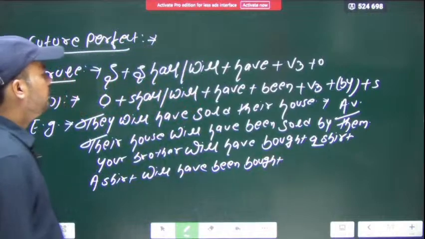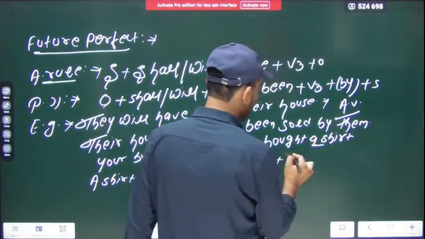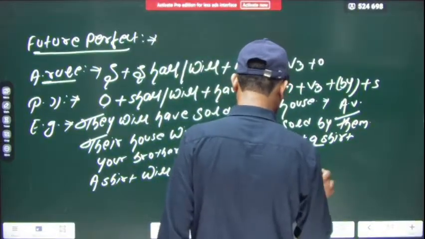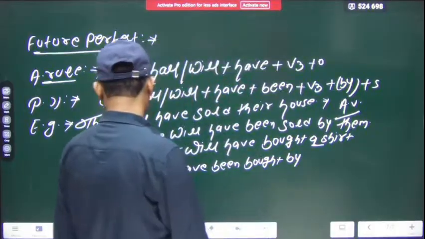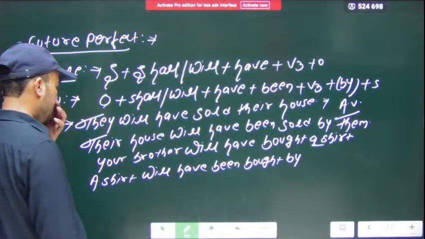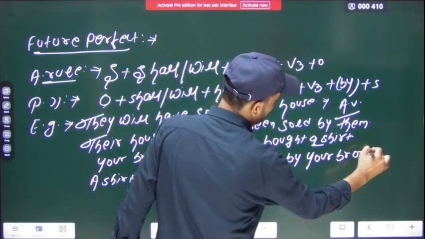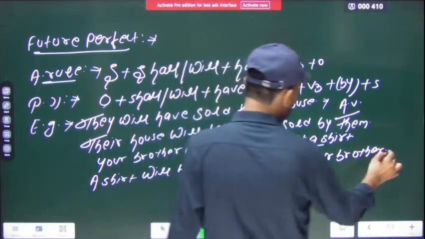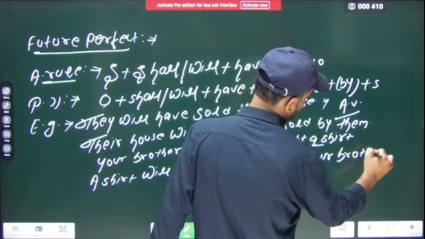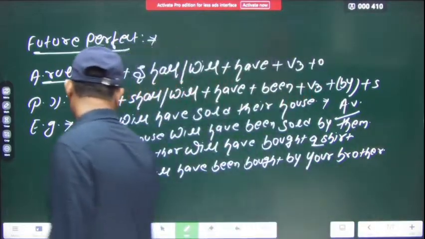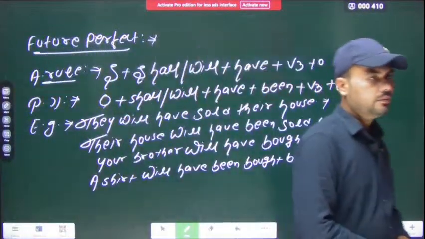Then what do I need to take? By. So by I will write, then the subject. What is the subject? Your brother, so your brother will remain the same here. So finally our sentence is: a shirt will have been bought by your brother.